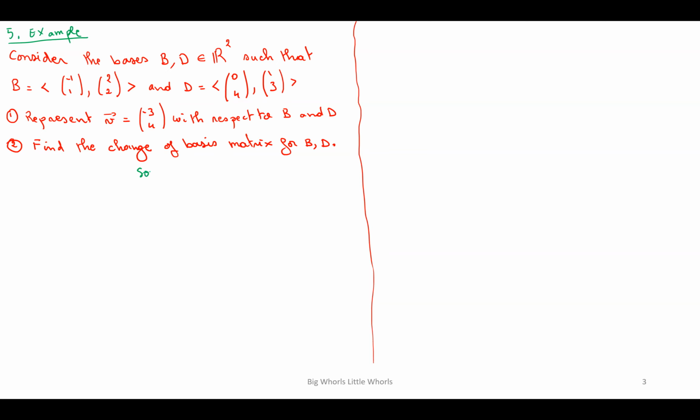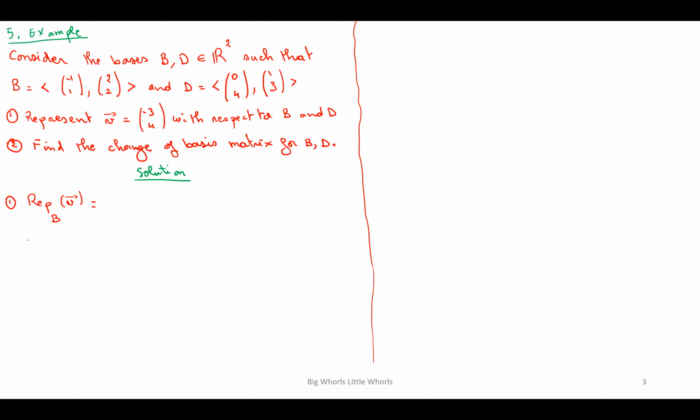Solution. Okay, so you want to find the representation of V with respect to B. And you know how to do that.